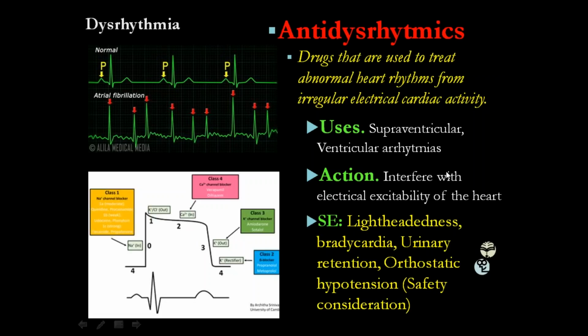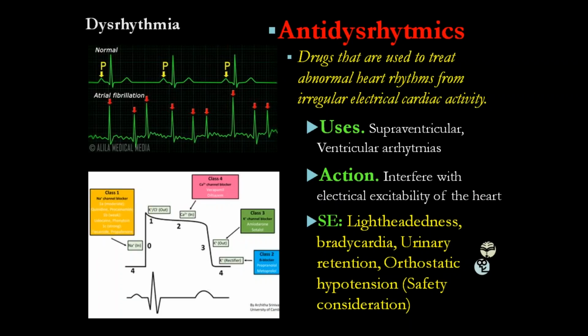All right, so let's talk about our pharmacology now. We have antiarrhythmics. The main general side effects that we need to observe, number one, is orthostatic hypotension. Obviously, they are going to decrease the heart rate, right? And the heart rate is necessary for the cardiac output.